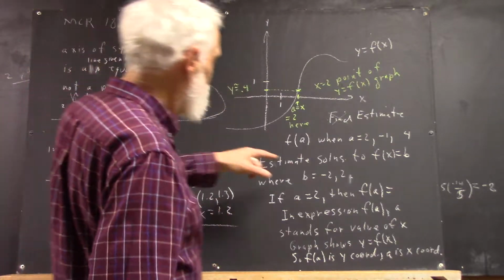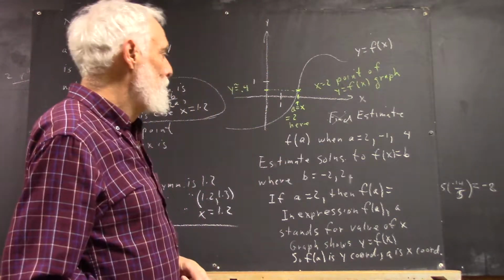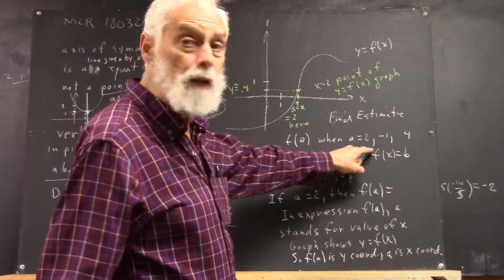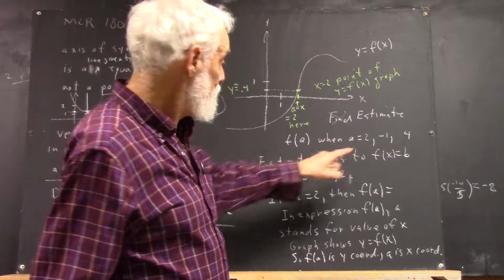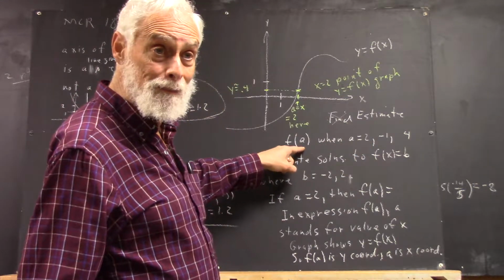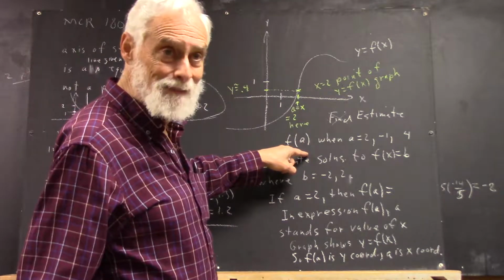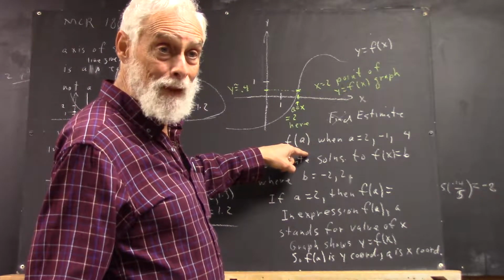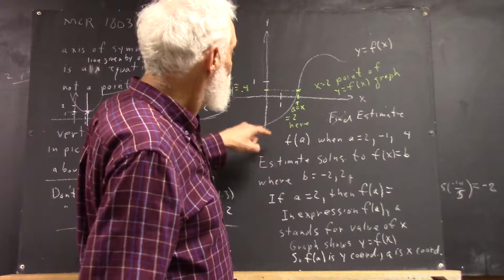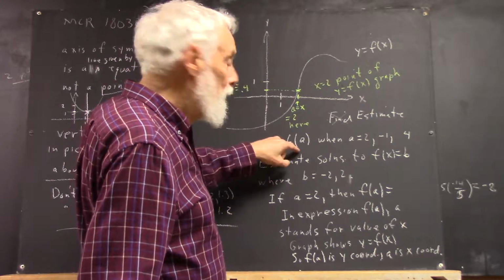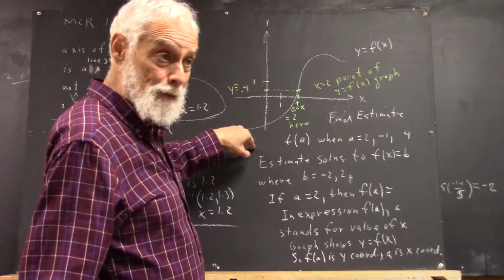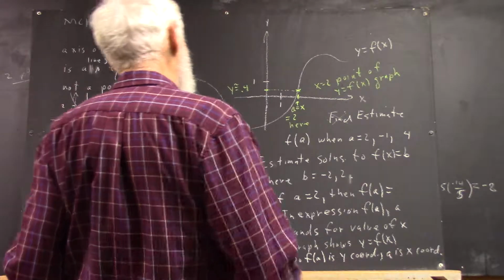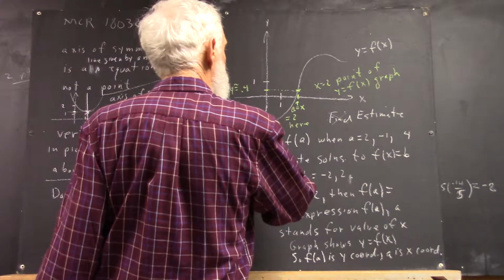But the process is this. You're trying to find f of a when a equals 2. a has to be the x coordinate, and y equals f of x, so f of a is going to equal the y coordinate.